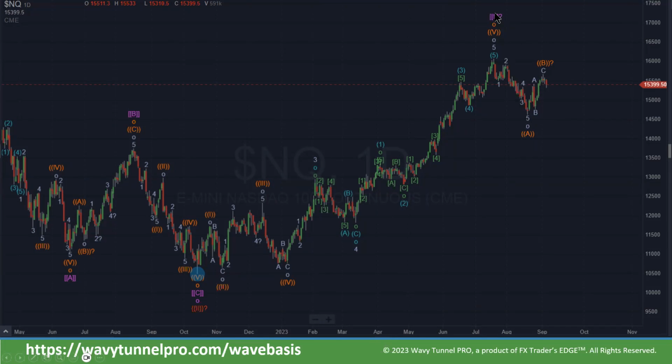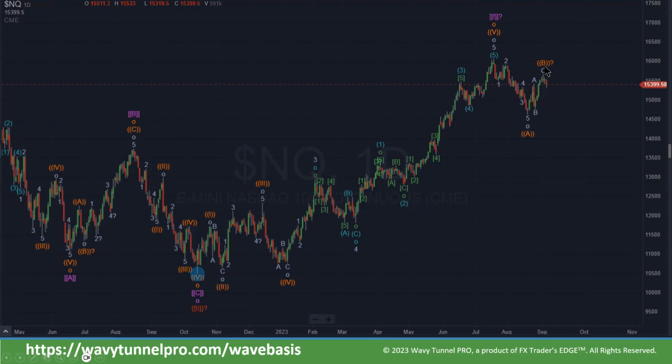Is this a wave 3? Maybe. Is this an A? Is this a B? Maybe. And then we can come down for a C. Maybe. This will not be a wave B if we, again, take out this high and we have 5 waves up, because all trends start with 5 waves up, followed by a 3-wave correction.